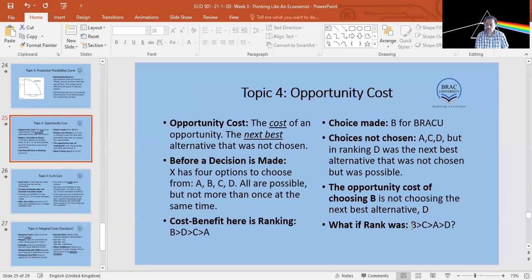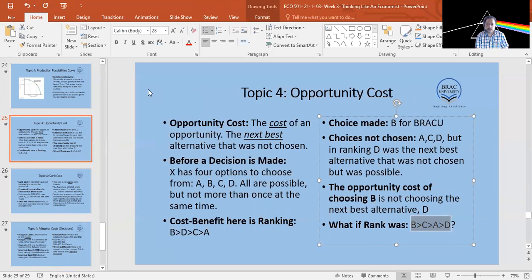So revisiting the previous week, if this is our ranking, we chose Brack University, where C, A, and D were the next 3 rankings. So what is our opportunity cost? The next best alternative sacrificed. So in this particular ranking, C is the opportunity cost of choosing B.